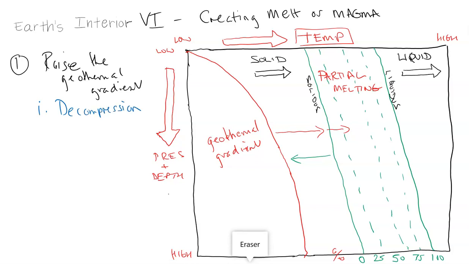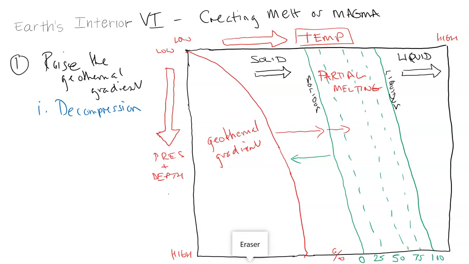Decompression is where the rock is moved towards the surface to decrease pressure and allow the lithostatic pressure to drop, allowing the rock to change that thermal energy into kinetic energy, allowing the molecules in the rock to move more and start the phase change and partial melting from a solid to a liquid.